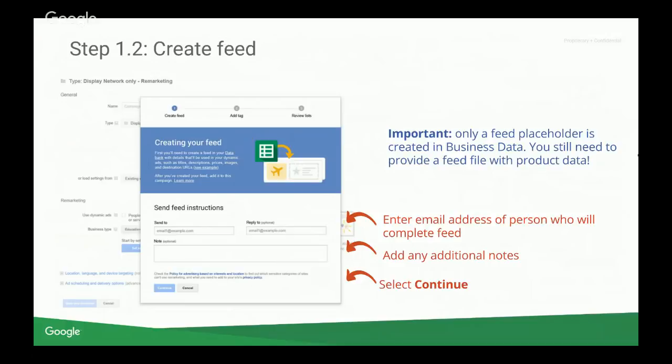Business data is located in your shared library. This feed has to be actually customized by you, which means that you will have to add the necessary information, such as the final URL and all the other specifics of the products that you wish to include in your dynamic remarketing.